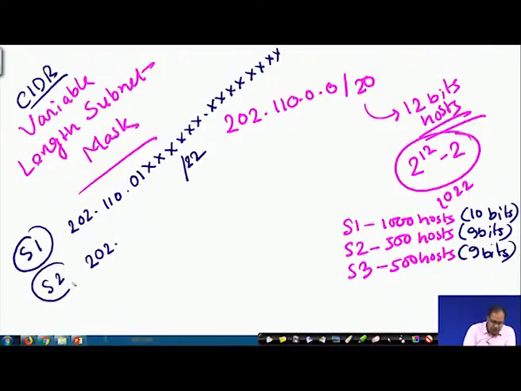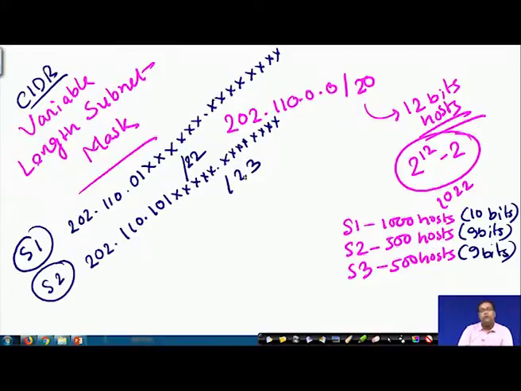Let me say what that is. 202.110.101, then 8 bits, dot 8 bits, slash 23 as your net mask.